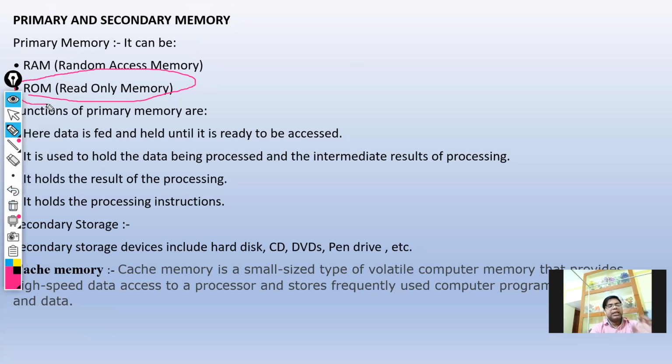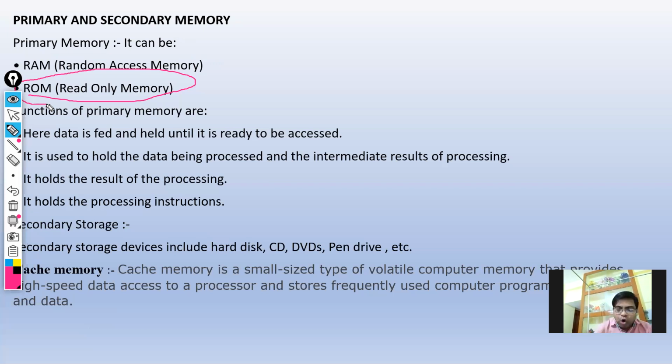Okay, it is a temporary memory. When power supply is switched off, the information stored in RAM is lost. So it is called a volatile memory.